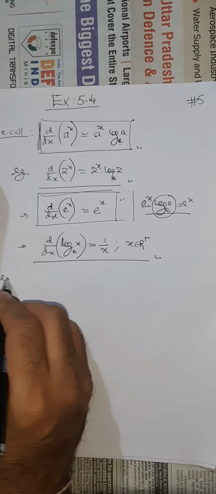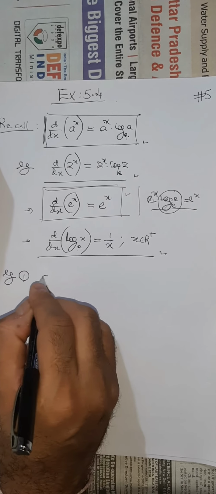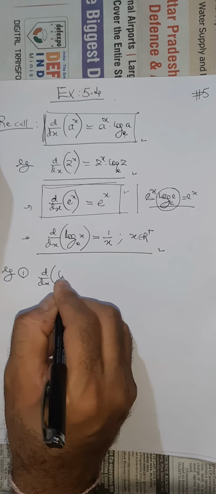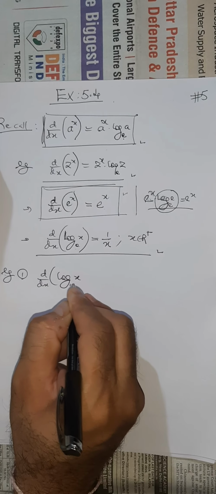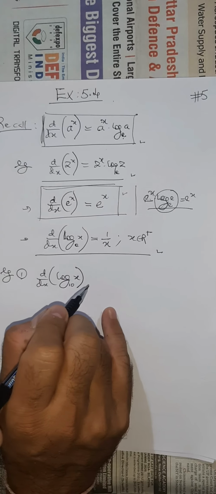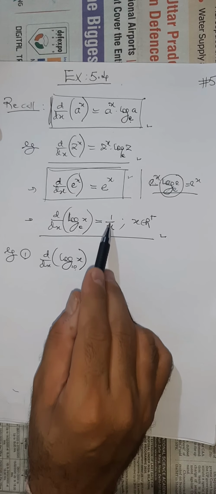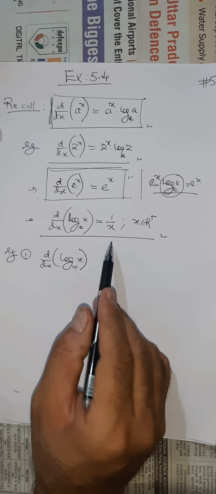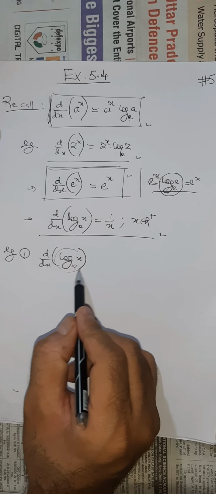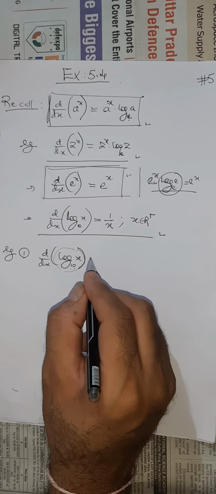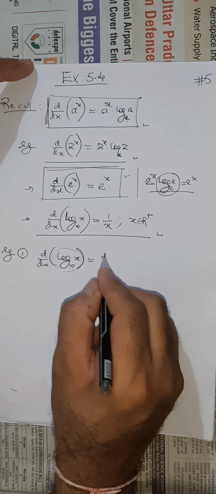Now, for example, if I have to find the derivative of log x to the base 10, you cannot write directly 1 upon x, remember. The derivative of log x to the base 10 is not 1 upon x; base e gives 1 upon x. So what is the first step? You change the base, the change of base rule. What is that?